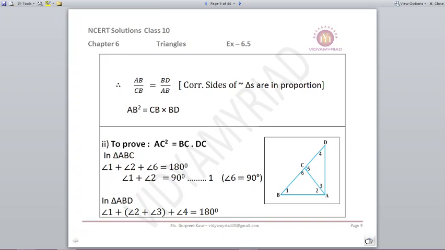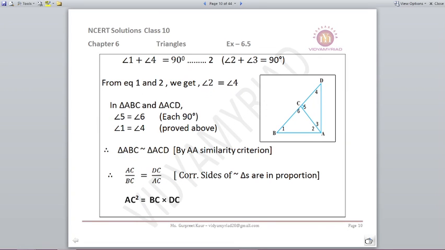Similarly, if I look at triangle ABD, in that case, angle 1 plus angle 2 plus 3, which is 90 degrees, plus 4 is 180. So it means that angle 1 plus 4 is also 90 degrees. From both the equations, we can say that angle 2 is equal to angle 4.